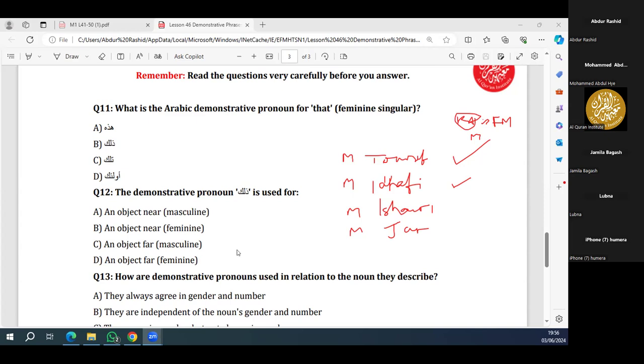If we say azabun azimun, it means great punishment, correct? And if I say in English, great punishment is waiting for you, this great punishment is what? Mubtada, correct?